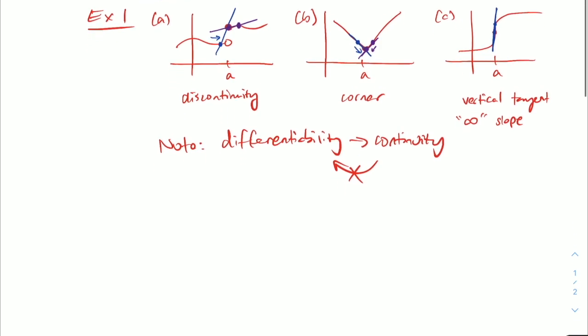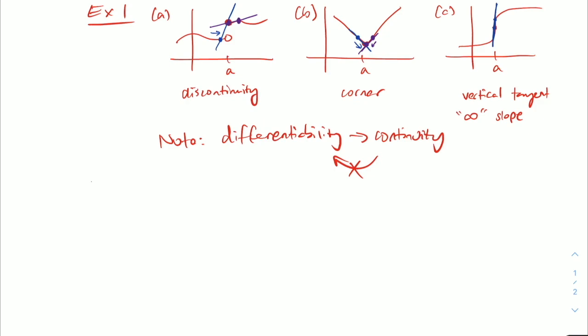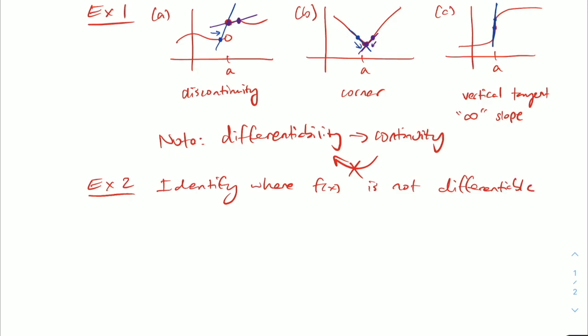All right, let's look at another example. Okay, so in this example, we want to identify where the function f of x is not differentiable, but continuous.